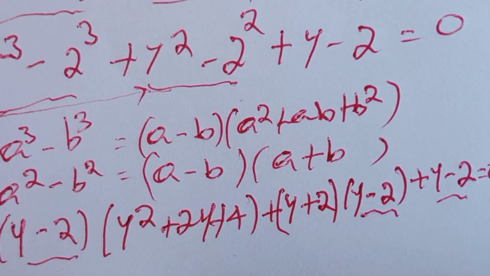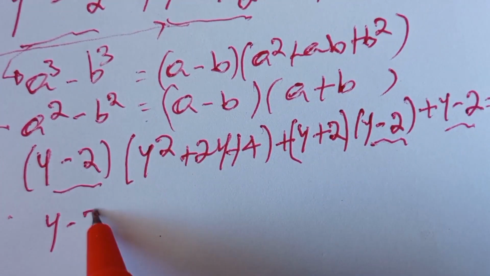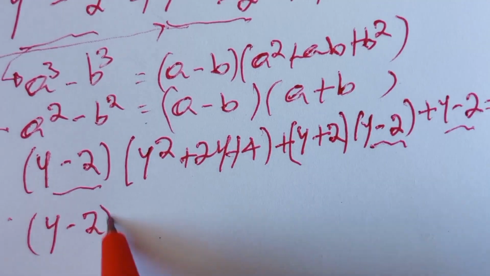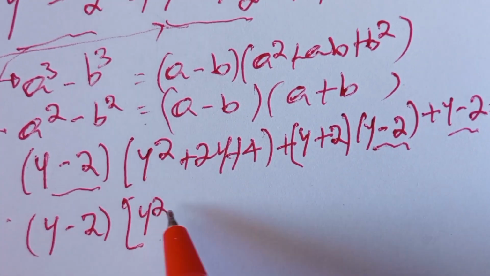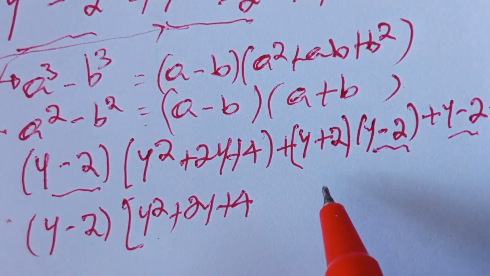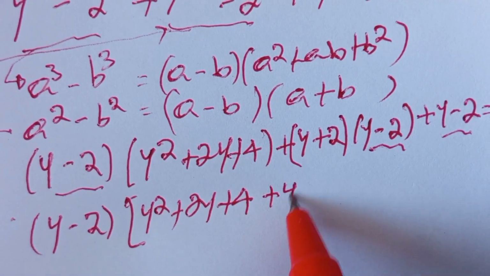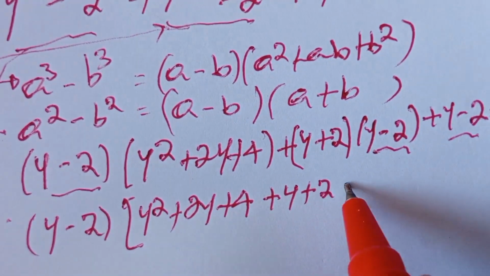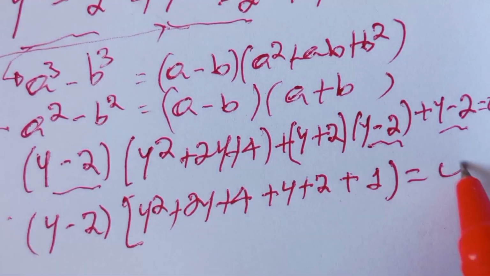So let us take y minus 2 as a common factor: y minus 2 times (y squared plus 2y plus 4, plus y plus 2, plus 1) is equal to 0.